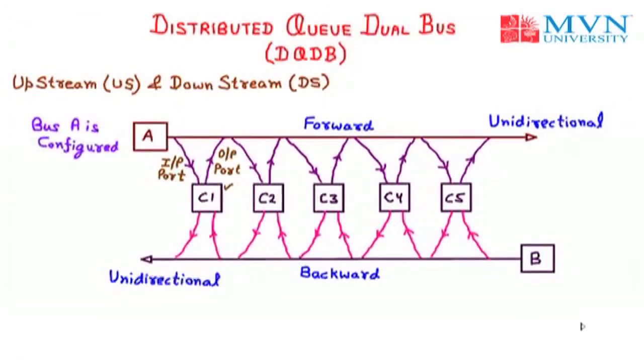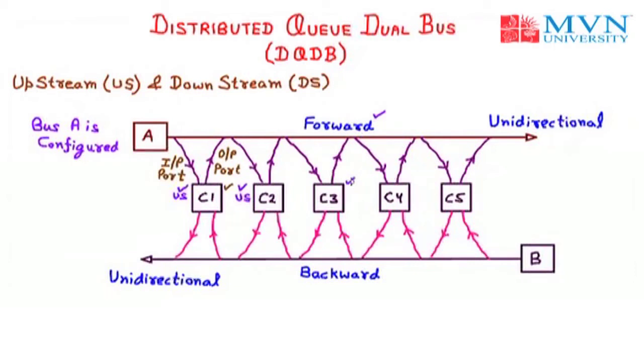If bus A is first configured, that means the data will be transferred in the forward direction. In that case, system number 1, that is C1, and system number 2, that is C2, are the upstream with respect to system number 3, that is C3.